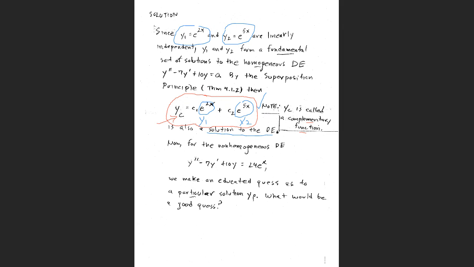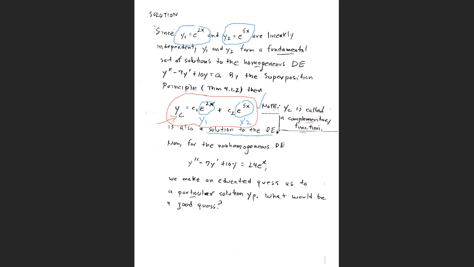So, for instance, if you had a third order homogeneous differential equation, and you found three solutions to it, then the linear combination of those solutions would be your general solution to the homogeneous differential equation. We're always interested in the general solution because we want to make sure: are there any other solutions out there?